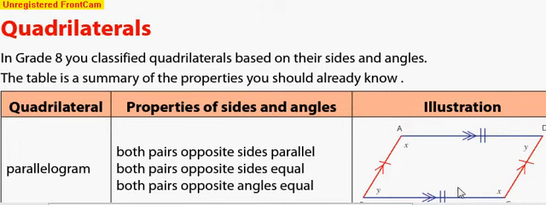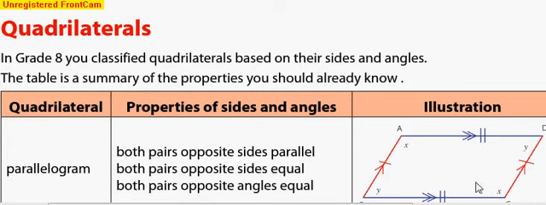What we also notice is that both opposite side lengths are the same size. So the blue lengths are the same, the red lengths that are opposite each other are also of the same size. Then the angles that are opposite each other are also the same.